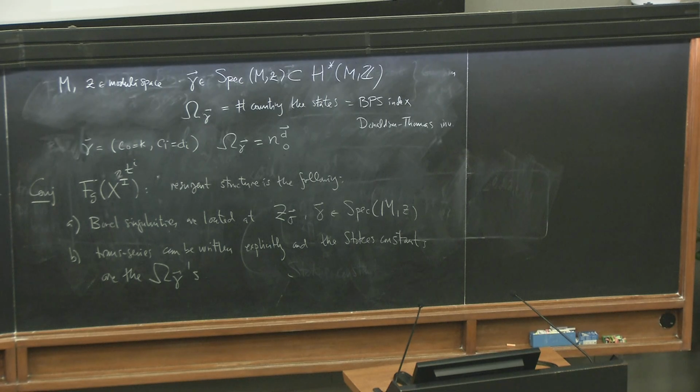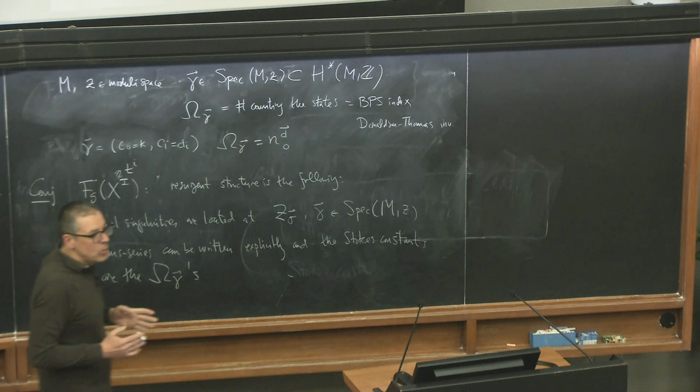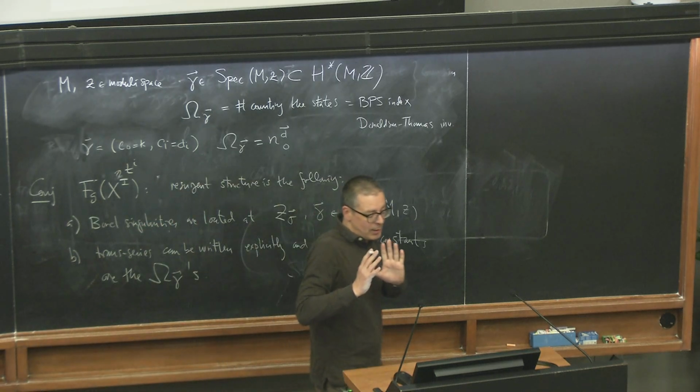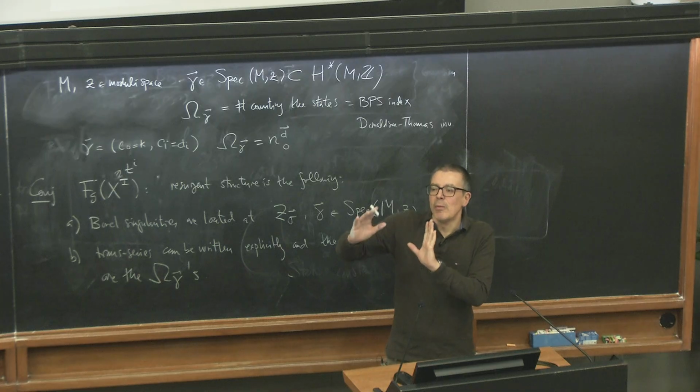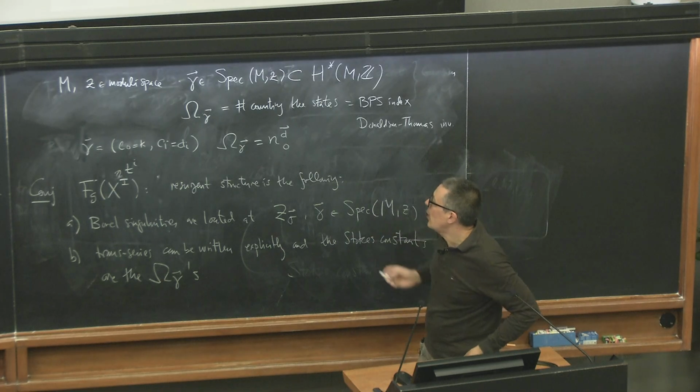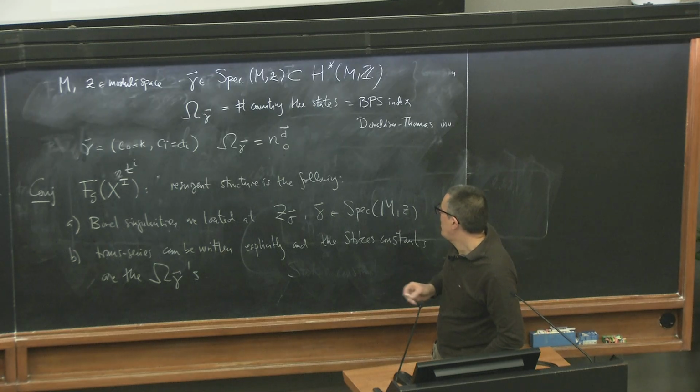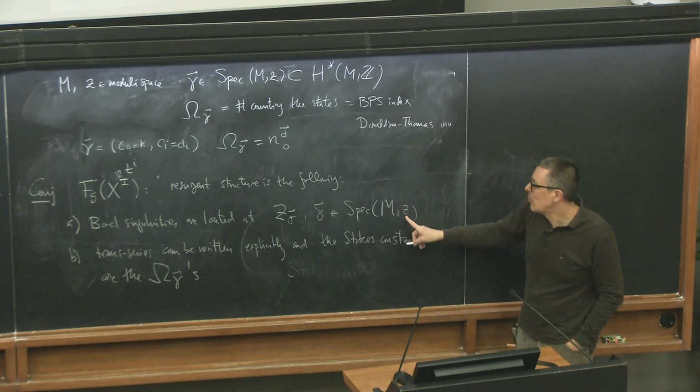And actually, remember that I told you that in matrix models, what we find is a problem in parametric resurgence. Everything depends on a parameter. Here, also, everything depends on the parameter. Everything depends on at which point in the moduli space I am.